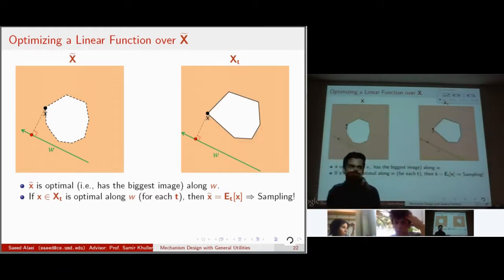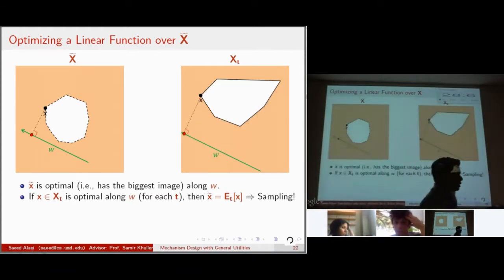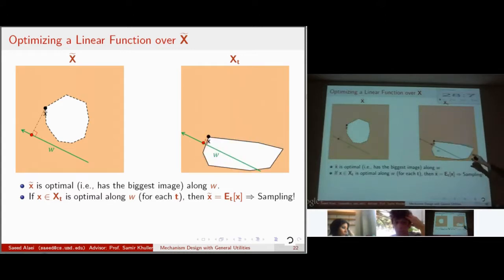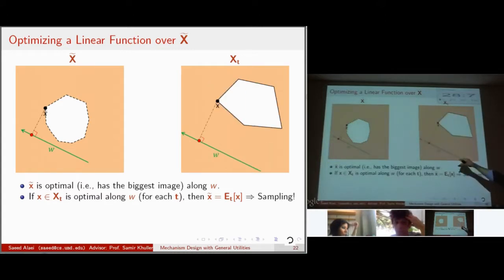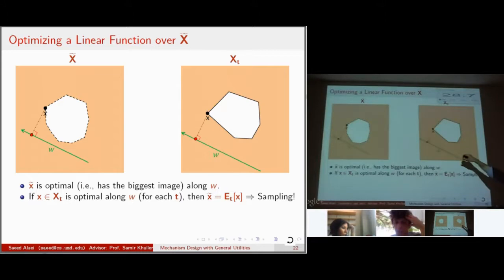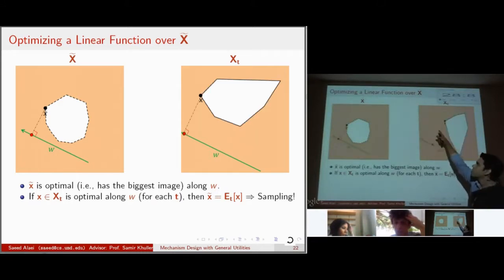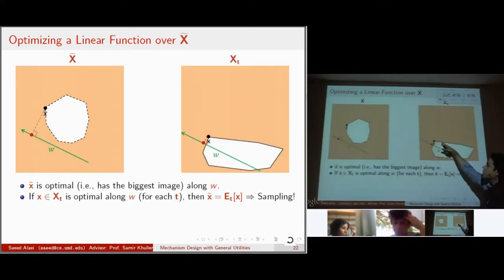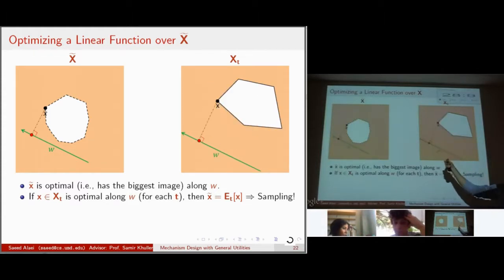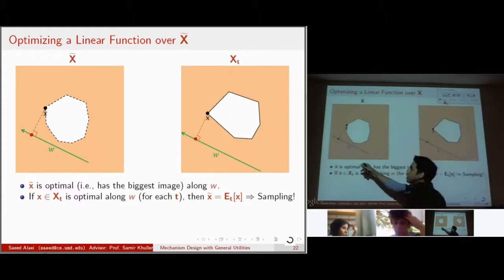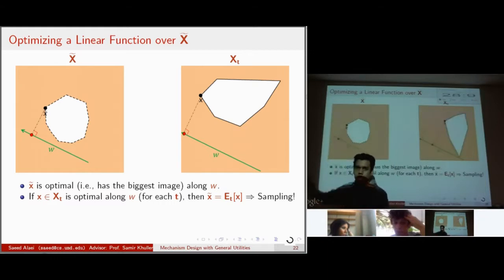And the nice thing is that you don't actually need to consider all possible realizations. You can sample from this polytope, optimize along this direction, take a bunch of these X's and then take the average of them, and you can compute this with high probability by sampling.